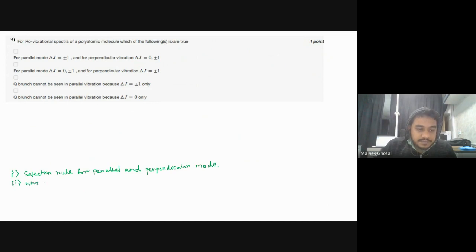Why can the Q branch not be seen in parallel mode? I have said that whenever there is a perpendicular mode, you will see this Q band, but for parallel mode, you cannot see this Q band. Okay, so what should be the answer?